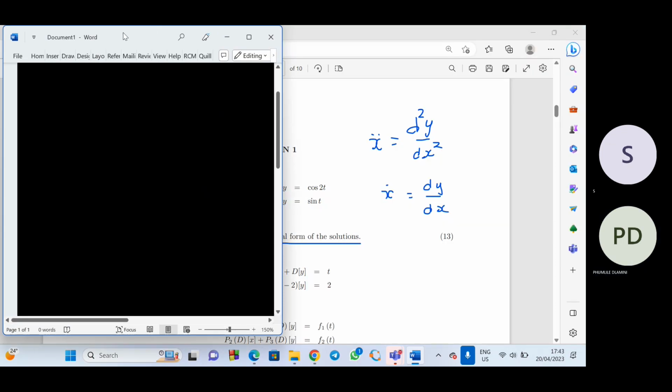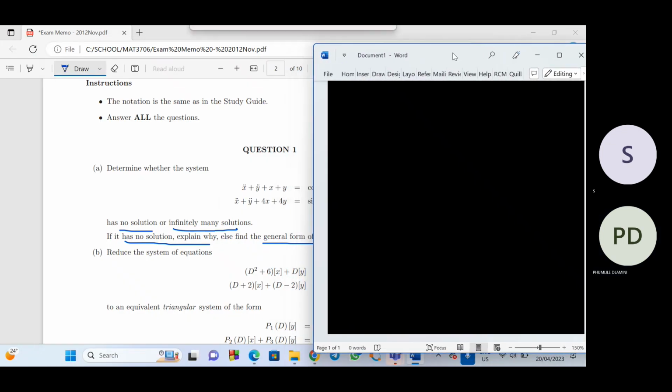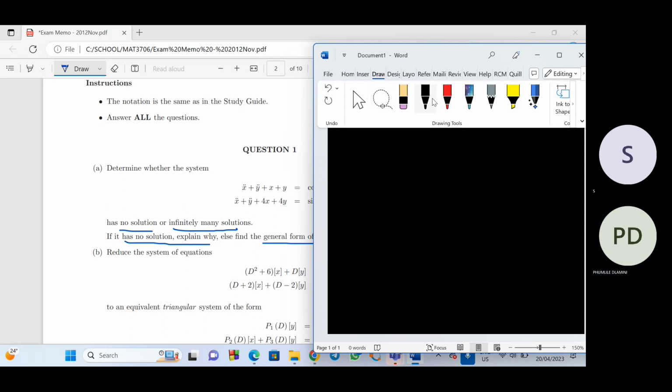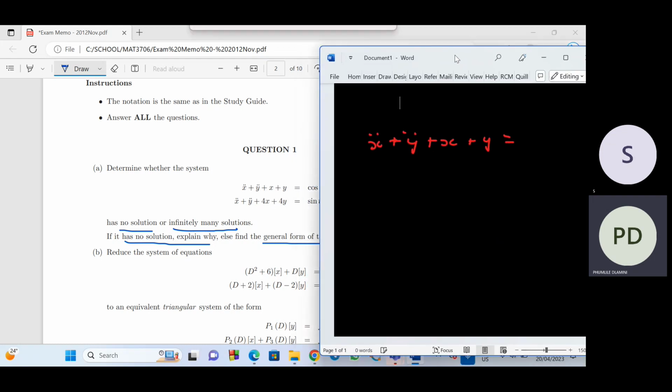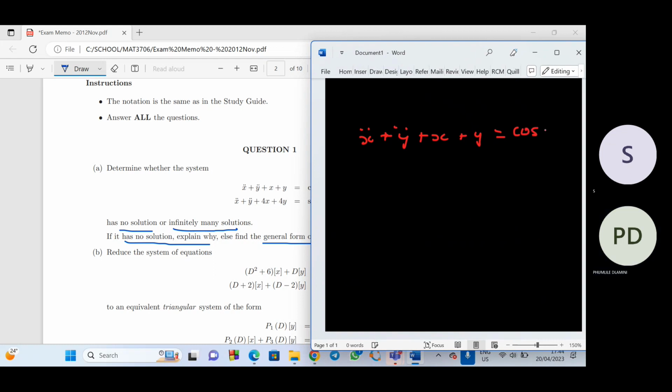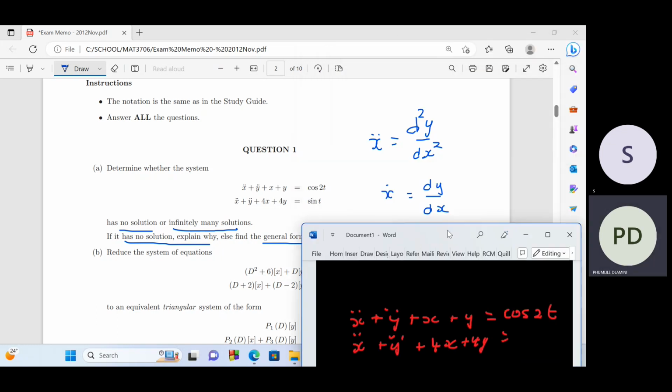So we have x dot dot plus y dot dot plus x plus y, which is equal to cos 2t, and then x dot dot plus y dot dot plus 4x plus 4y, which is equal to sine t.